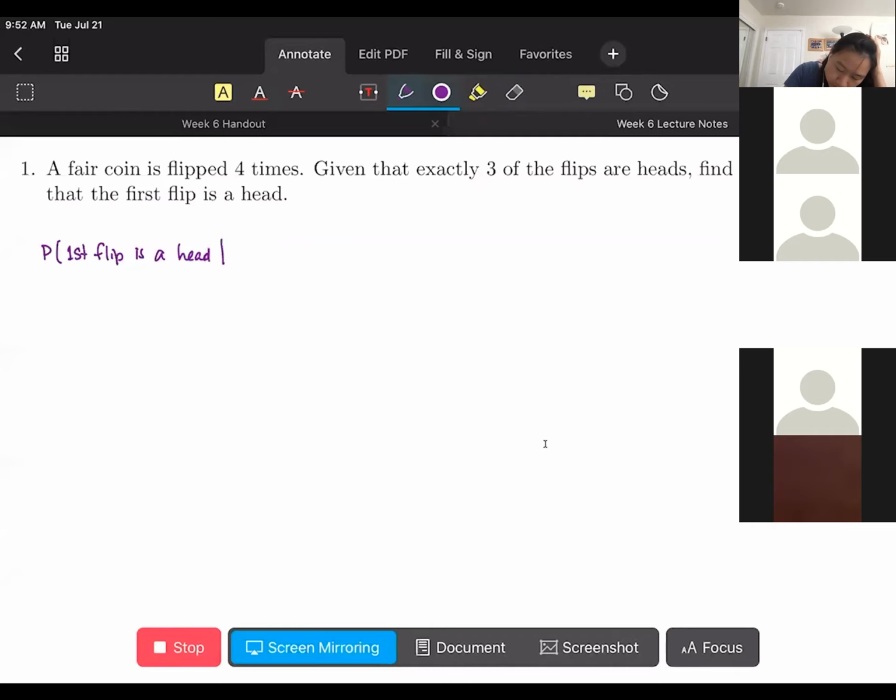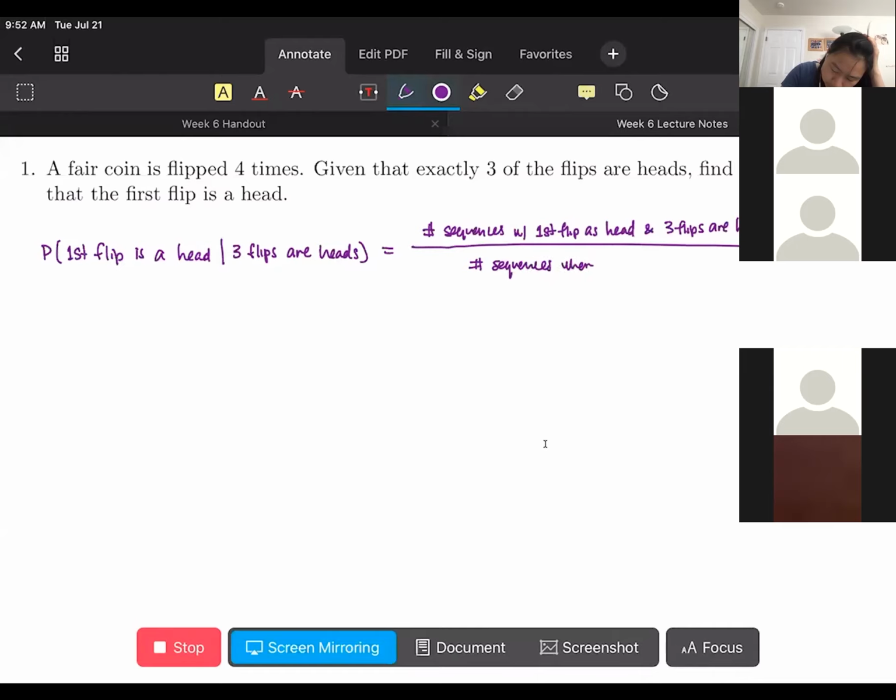It equals the numerator, the number of sequences with the first flip as a head and 3 flips as heads, over the number of sequences where 3 flips are heads.